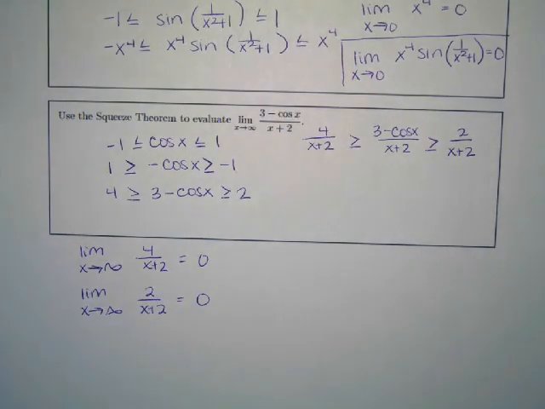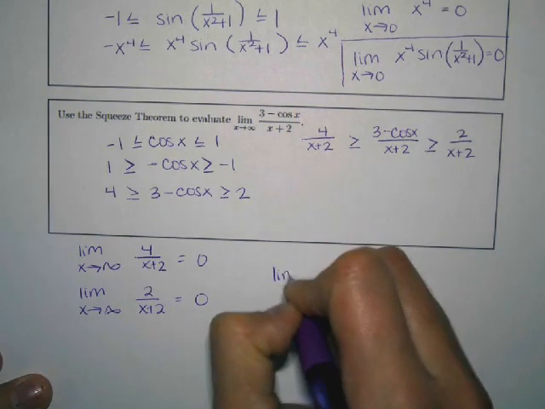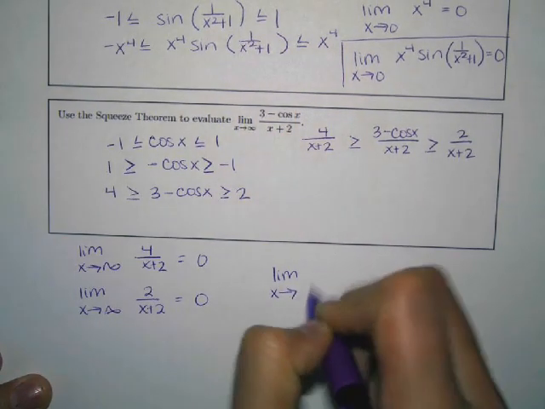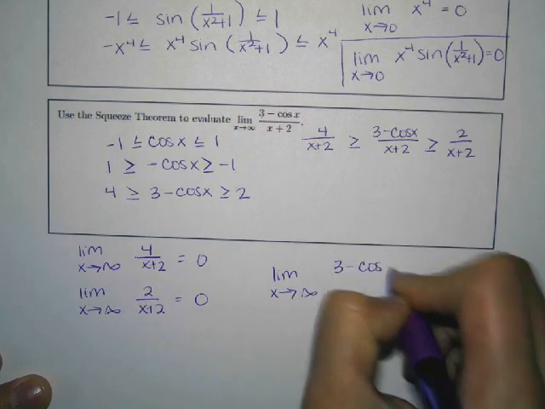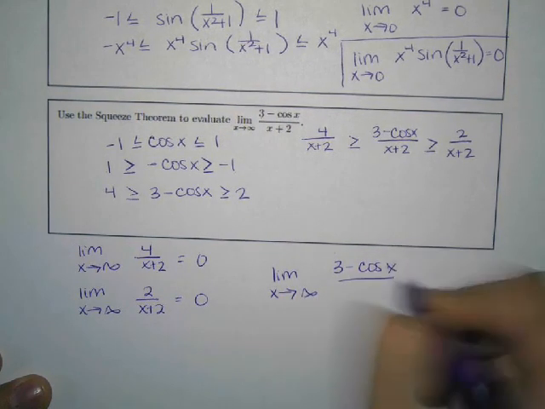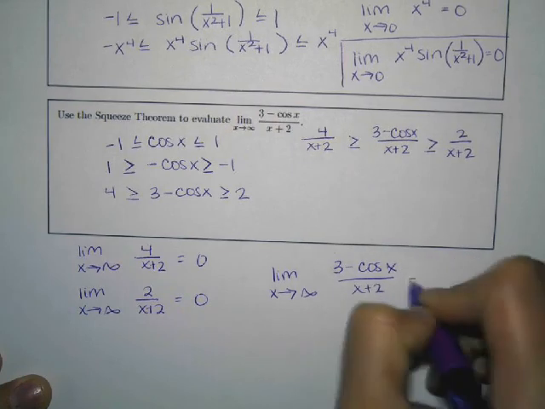If I plug infinity there, I get 2 over an enormous number, which is approximately 0. And so by the squeeze theorem, I can conclude that as x approaches infinity of this function, the limit is 0.